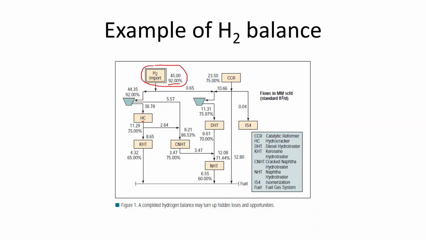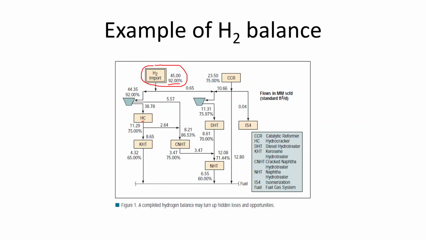Then after that there is a hydrogen connection here and there, and then this kerosene hydrotreater. Apparently it needs 8 something million scf, and 70% hydrogen concentration.